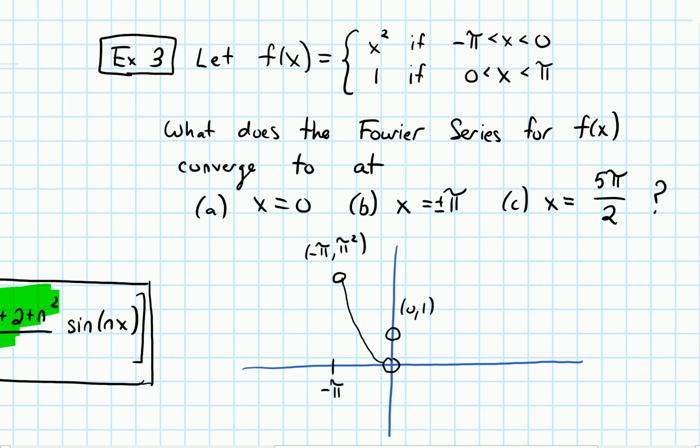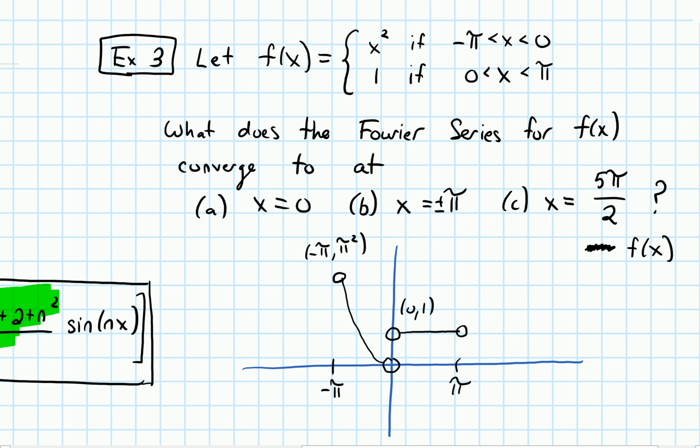And then the function is just 1, so it's horizontal like this, until x reaches pi. When x reaches pi, because there's no equal sign here, I put an open circle at that point. So this graph that I've just drawn, I've been coloring in black, is the graph of our function f of x.